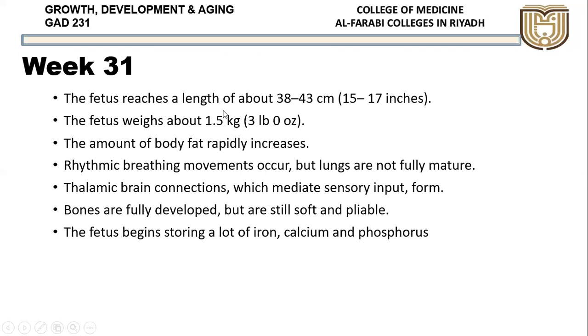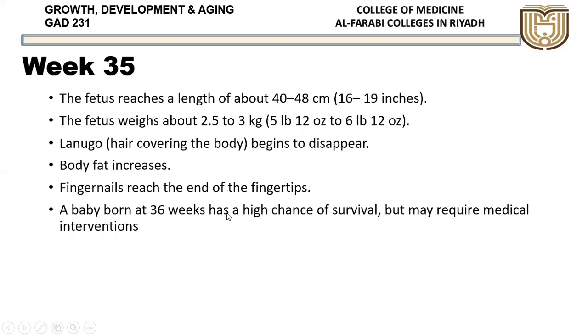By week 31, the fetus reaches almost 17 inches, and the weight is almost 1.5 kilograms, and there is rapid deposition of fat, iron, calcium, and phosphorus. There will be some breathing movements, even though it cannot be called respiration. The specific brain part, the thalamus, which is important for sensory function, will develop, and the bones are fully formed.